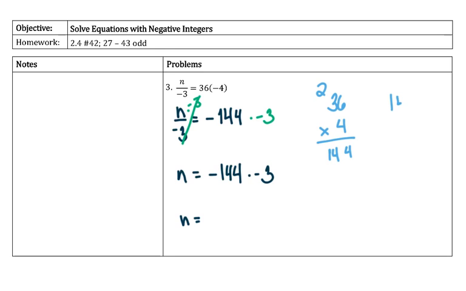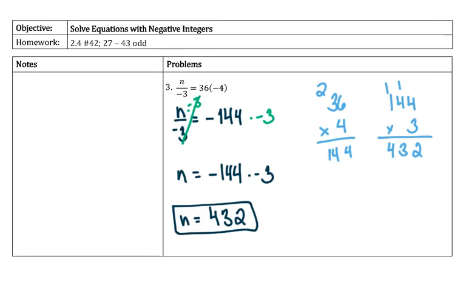We're going to say 144 times 3 so that it's next to the problem. We're not jumping around. 4 times 3 is 12, carry the 1. 12 plus 1, 3, carry the 1. 3 times 1 plus 1 is 4. So our final answer is n equals 432.